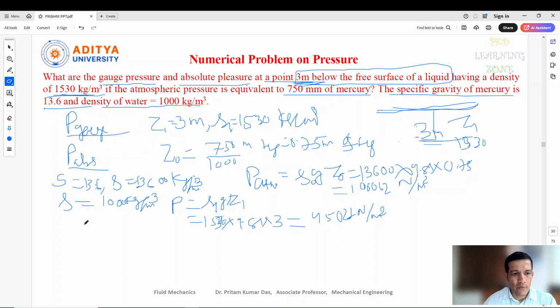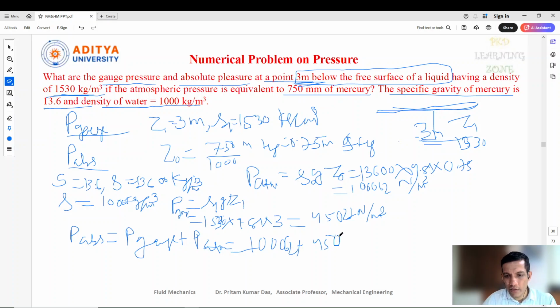Previously we saw that P absolute equals P gauge plus P atmospheric, and this is P gauge only. So 1,62,000 plus this 45,027 gives us about 1,45,000 something. This is the absolute pressure of this liquid.